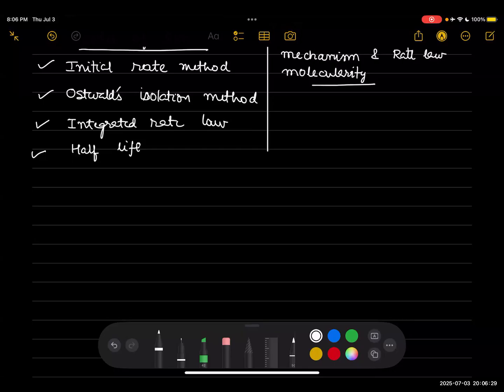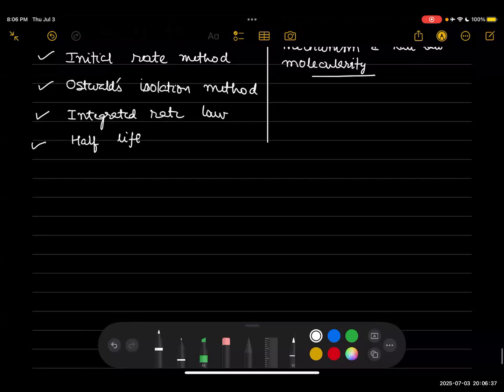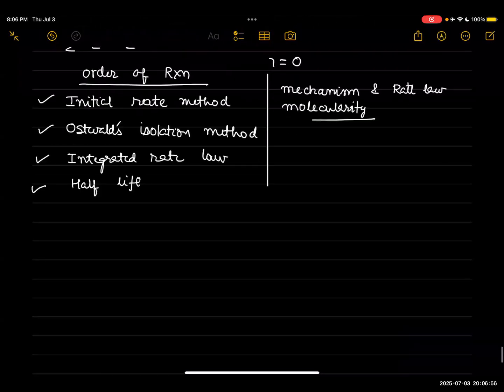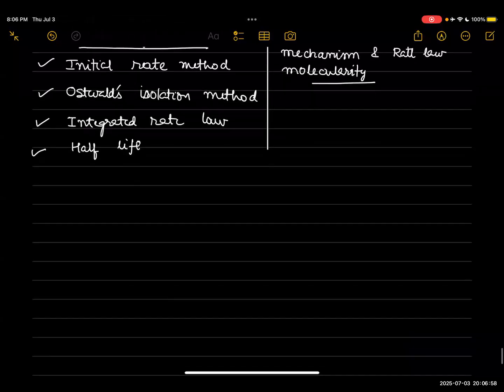But how bonds are being broken, which is reacting with whom, what is the exact sequence of reaction between the given reactants, and what are the species formed in the middle of the reaction, all that study comes under the heading of mechanism of a chemical reaction. Got it?